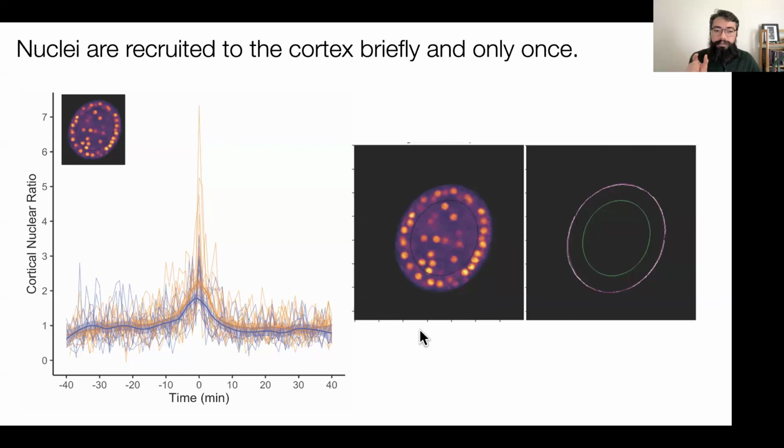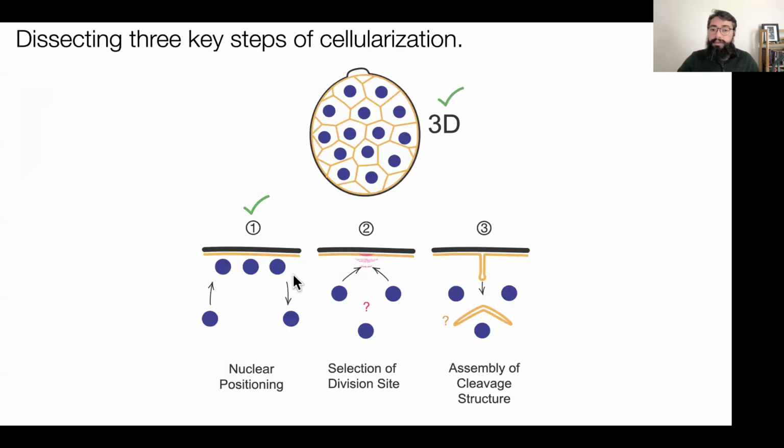So there is a very narrow window of time in which the nuclei migrate to the plasma membrane and come back, and we think this is an important trigger in the initiation of the cellularization process. So the nuclei are homogeneously distributed, they migrate to the plasma membrane, and they come back towards the inside. Is this related to the selection of the division site in chytrids?